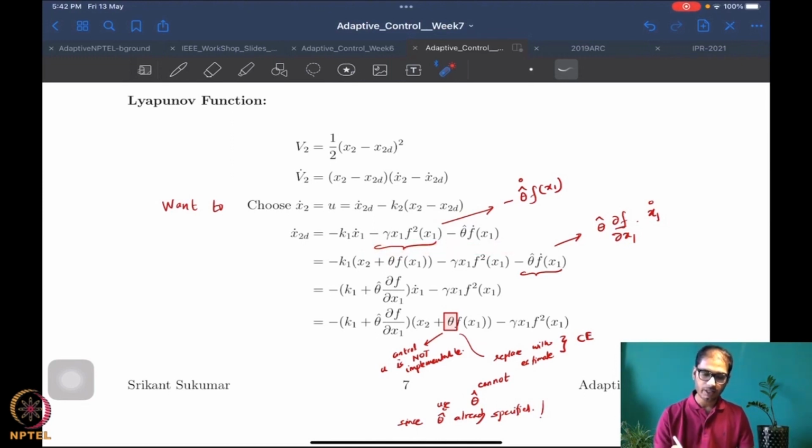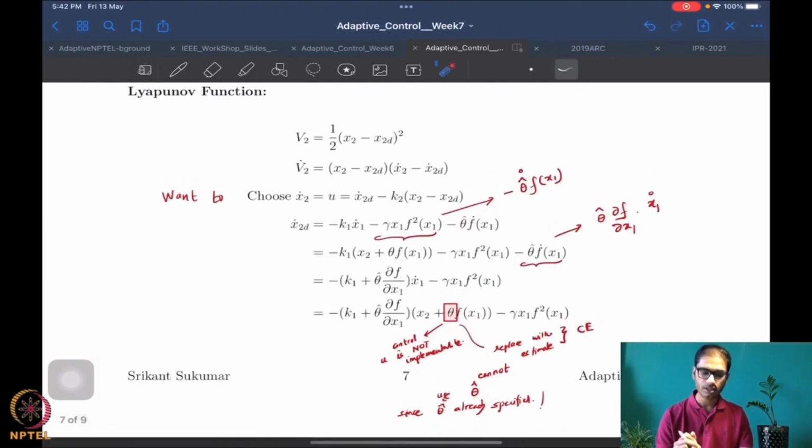Now when we take the derivative with respect to the second term, you again get an x1 dot. We already had an x1 dot here, and we get an x1 dot here too, right? And that's what we club. This and this term get clubbed to give me this term here, and this is of course this term.